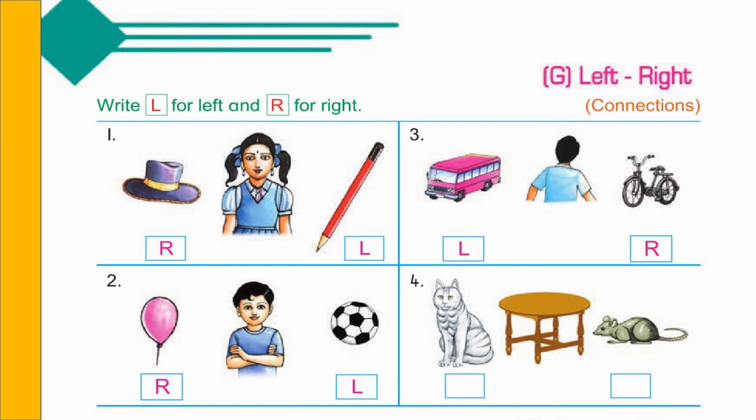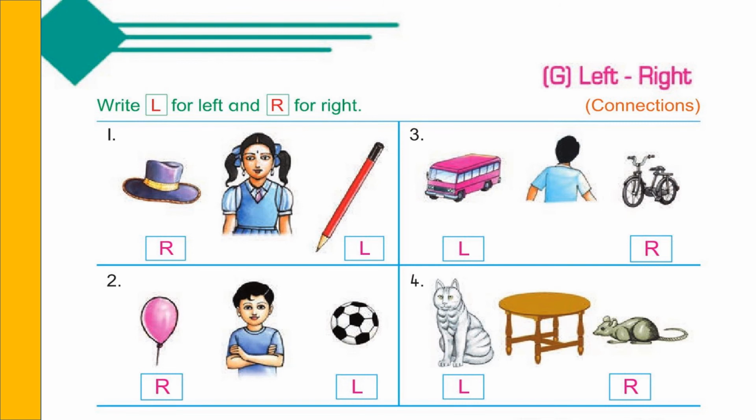Okay, next, moving to the fourth question, it is cat, table and the rat. Okay, now talking about the table, the rat is on the left of the table because table doesn't face this side or that side. So here we are going to compare ourselves.